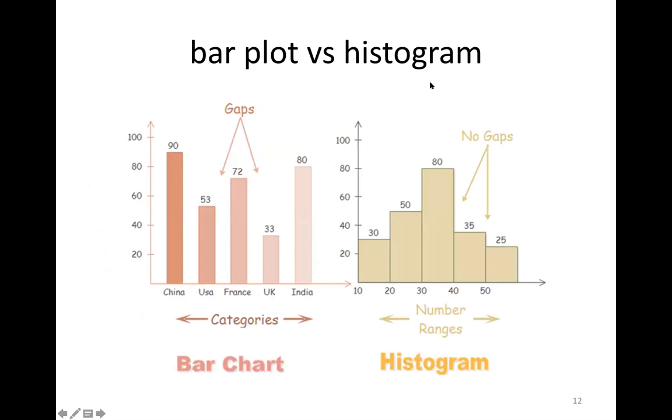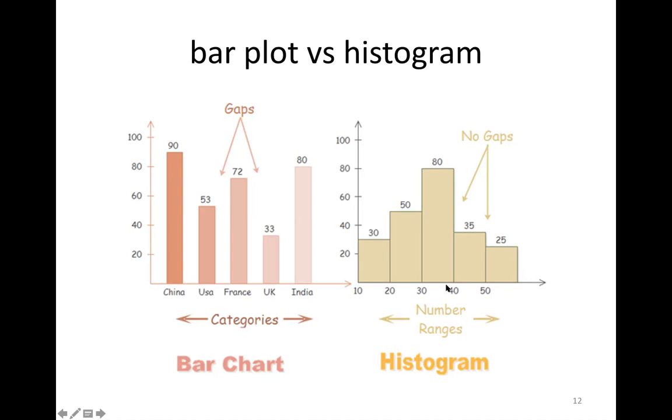Okay, and now we turn our attention to another similar type of graphic, but one that has some fundamental difference. What we had been talking about were bar plots that describe frequencies of categorical variables. Histograms describe frequencies of continuous variables, of numeric variables.